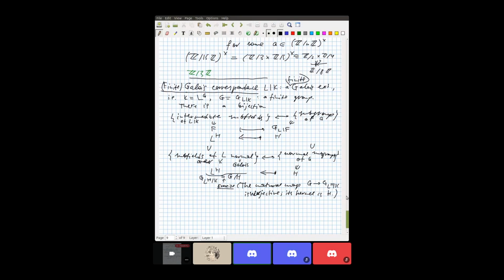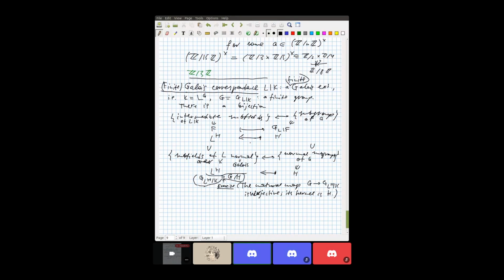So this means that when you want to construct a Galois extension with a given Galois group, you can present this Galois group as a quotient of some other, maybe bigger, Galois group by a normal subgroup.